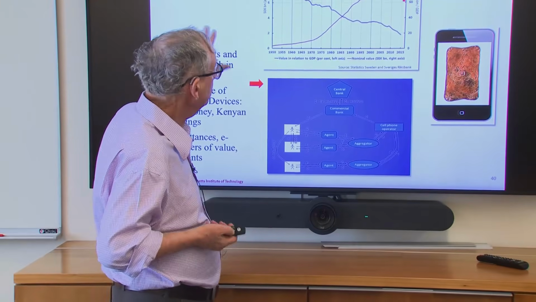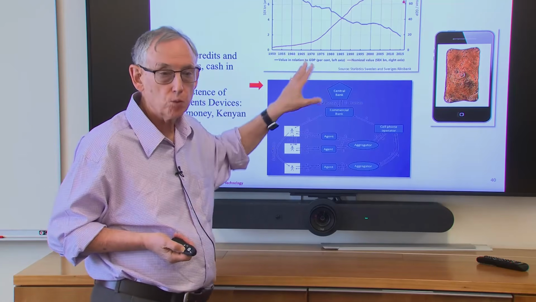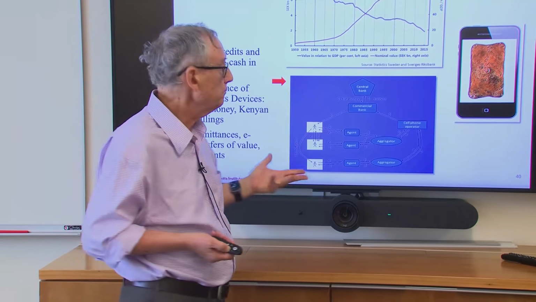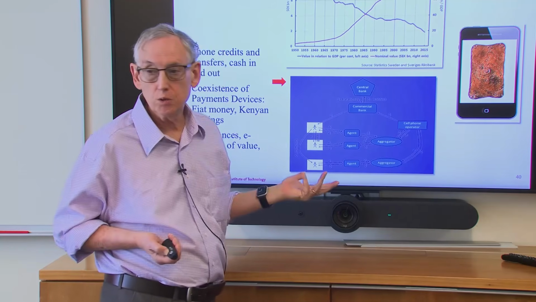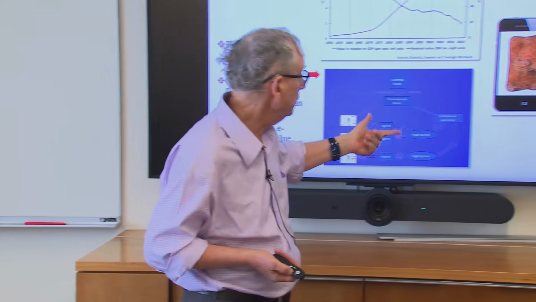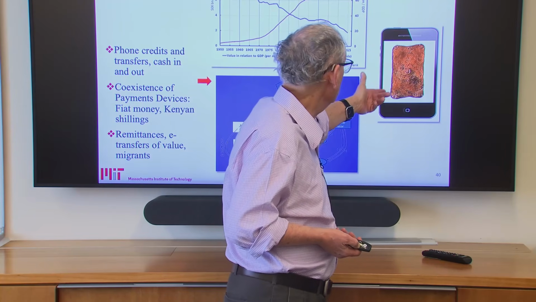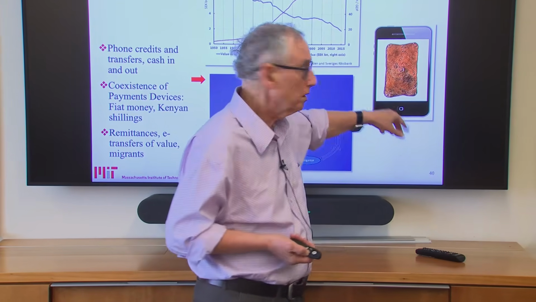That concern led them to contemplate having a central bank issued digital currency, but I think a few months ago they decided they're not going to do it. This is cute. This is from Stefan Ingves, who was the then governor of the Bank of Sweden.